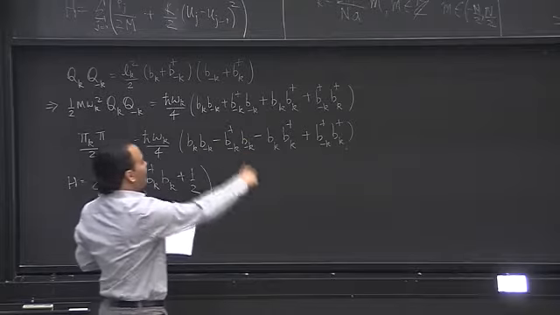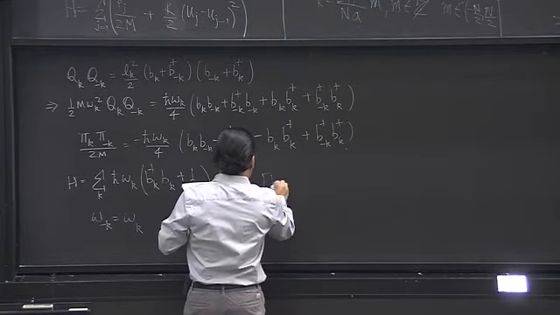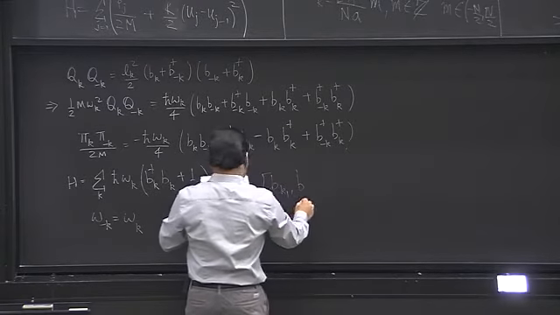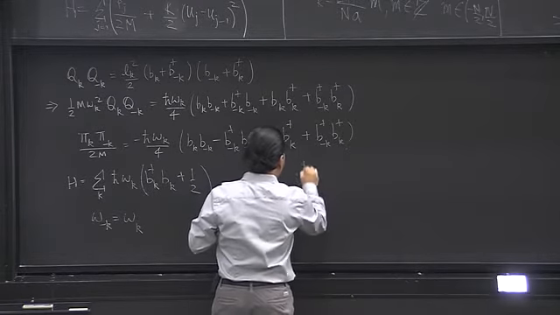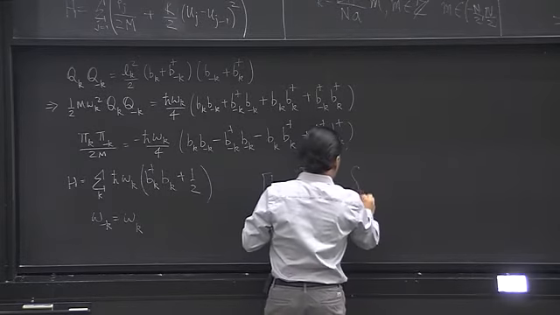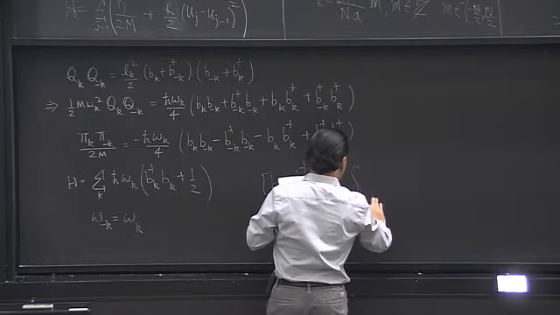So from these definitions, you can also now calculate the commutator of b_k1 and b_k2 dagger, and you will find that this commutator is now simply delta k1 k2.